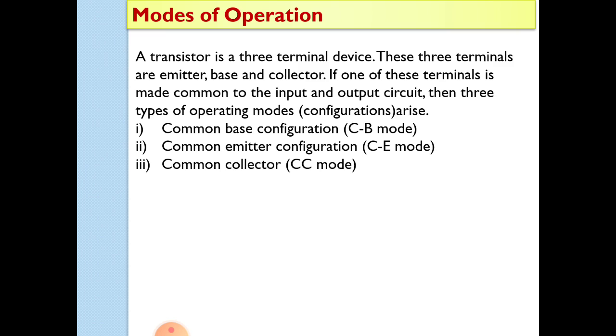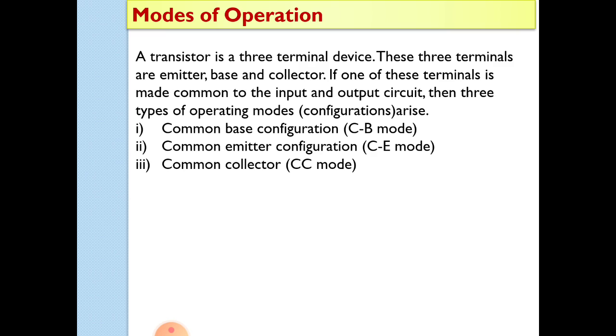And these operating modes, these configurations, are: one is common base configuration, which is also known as CB mode. Second is common emitter configuration, in short called CE mode, and third is the common collector, CC mode.